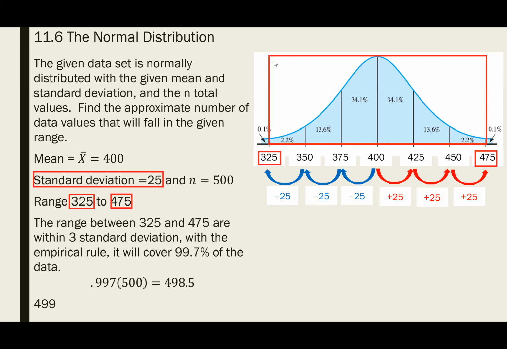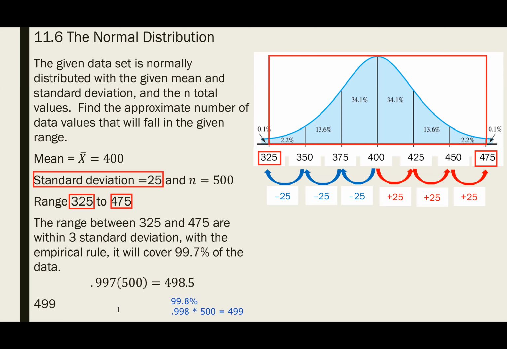Someone asked if they use 99.8%, will that be wrong? Well, you take 99.8% multiplied by 500, and you have 499 people. So the answer is still the same.